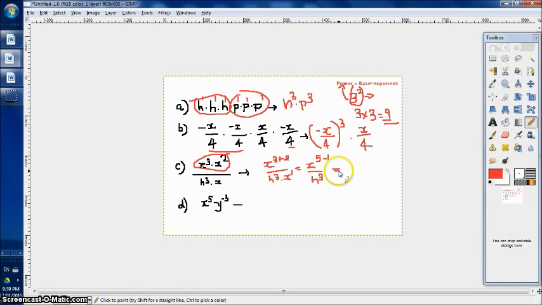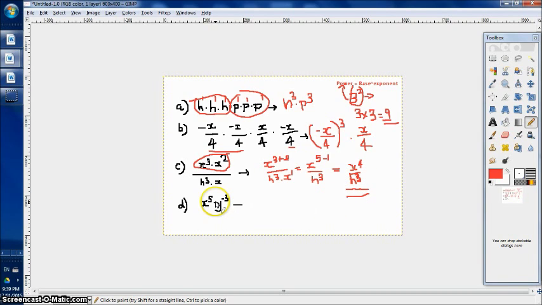Okay, let's take an example over here. It's h into h into h into p into p into p. So this is multiplication. I know that this is h over 1, h over 1, h over 1, p over 1, p over 1, p over 1 automatically when there's no power shown.